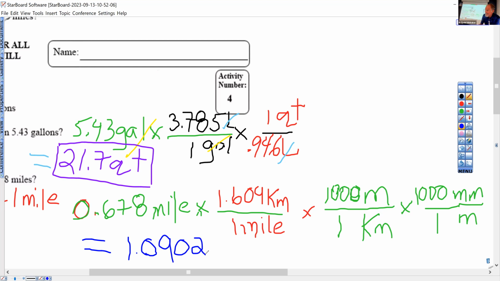Times 10 to the sixth? Oh, 09. What I wrote 0902. Oh, 0909. Oh, cool. That's enough then. The 2 stays 2. 09092. Is that right?